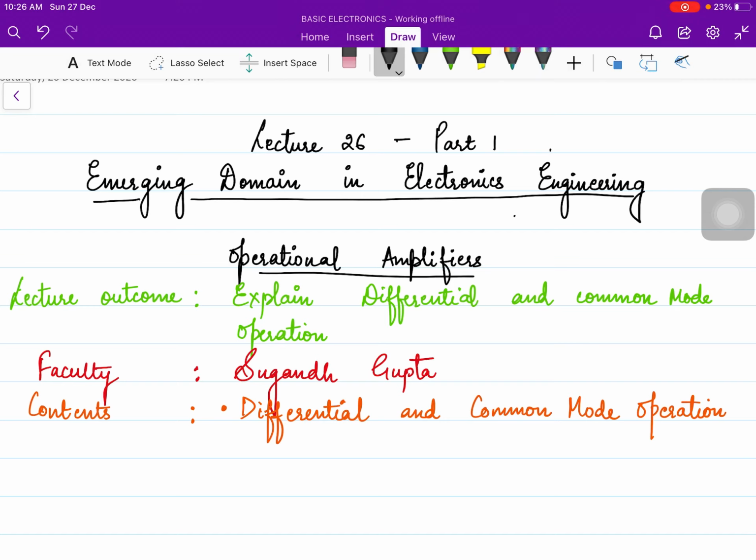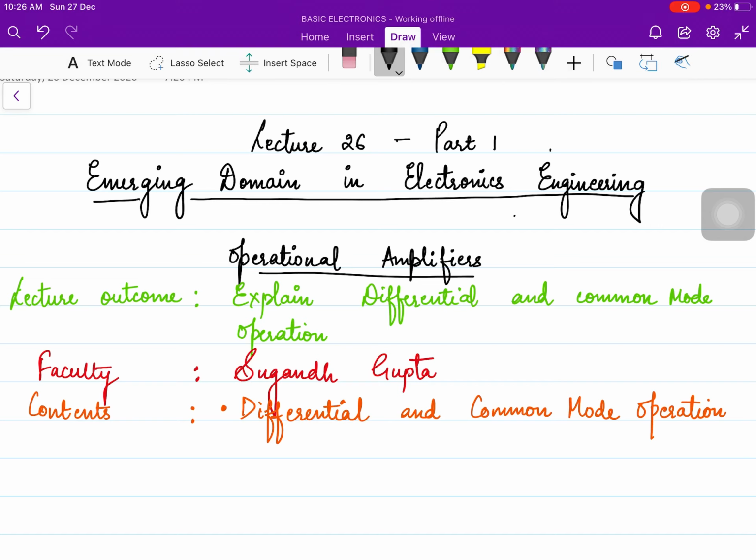That means when you apply voltages at both the input terminals, the non-inverting input and the inverting input, there will be some components in the signals of the two inputs which will be common, and there will be components that will be different, having some difference in phase.